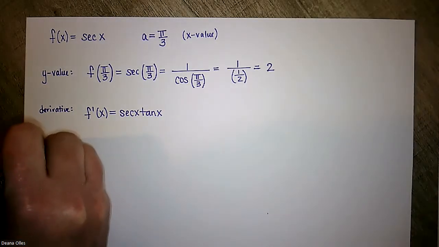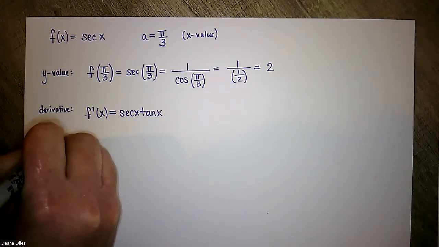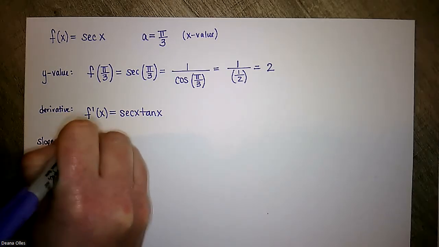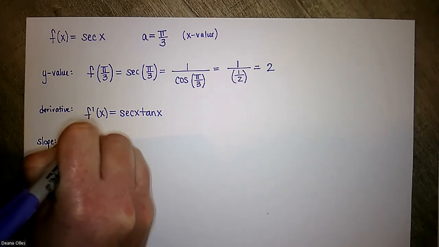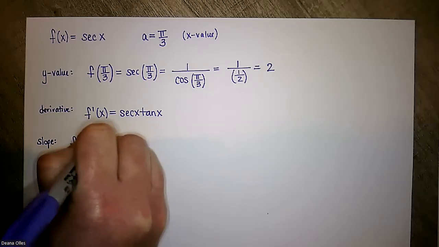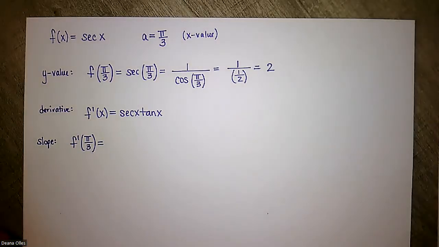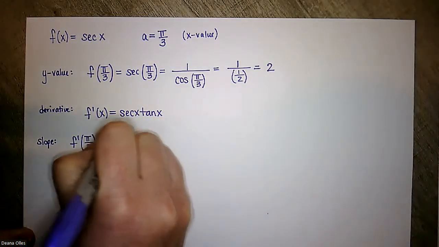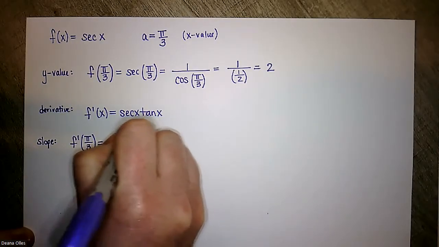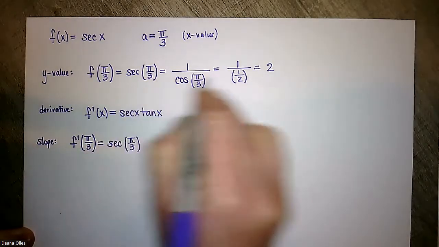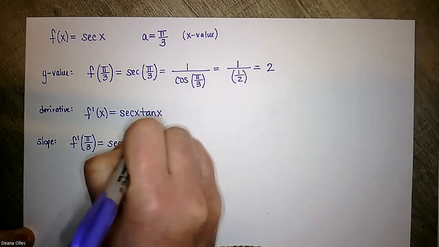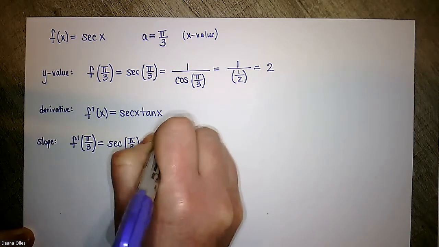And now that I have the derivative, I can find slope by evaluating the derivative at pi over 3. So don't forget, slope is not the derivative. Slope is the derivative at a point. So that will be the secant of pi over 3, which thankfully I already know from up here, times the tangent of pi over 3.